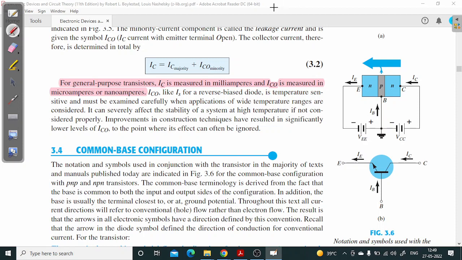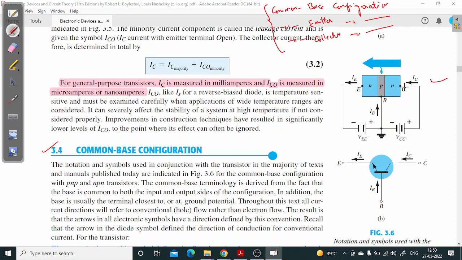So remember, we will have common base configuration, we will have common emitter configuration, and we will also have common collector configuration. We will have all these three types of configuration, but let's start with the first one, that is common base configuration. So this is the circuit for a common base configuration, right?